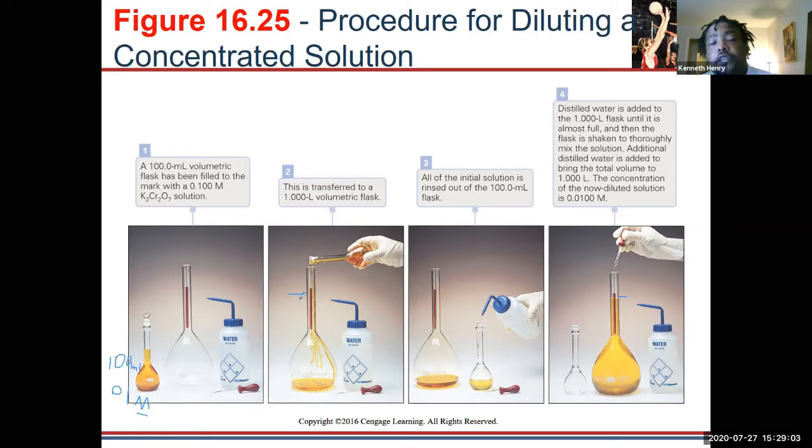Okay, so this will be the correct way of making a solution. You never want to put 1,000 milliliters in here and then add everything in afterwards, because then is it going to be too dilute or too concentrated? If we already filled this up to 1,000 and then add 100 of our solution to that, would that be too dilute or too concentrated?